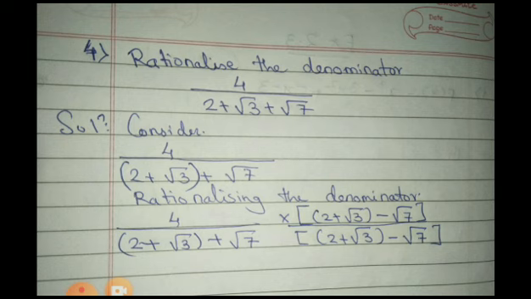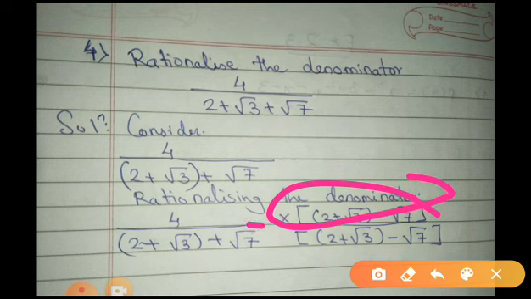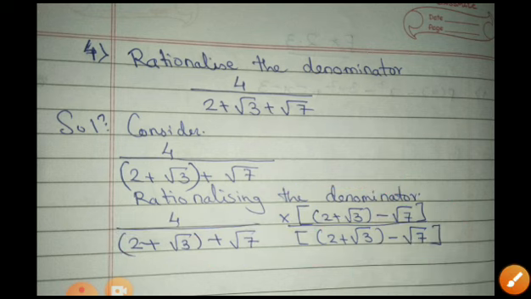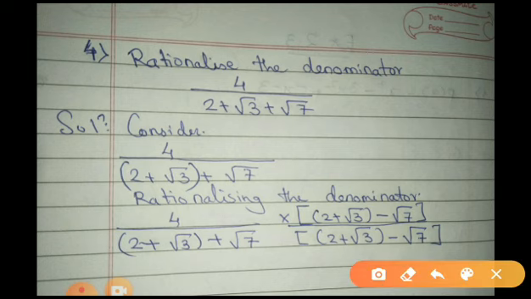Now the usual method, this 4 into your numerator and denominator into this denominator. So now observe the denominator. Here it is 2 plus root 3, here also 2 plus root 3. Root 7, here also root 7. Only the sign changes, where here plus and here minus. So again, which form? Always remember while rationalizing, your denominator will be of the form a plus b into a minus b.